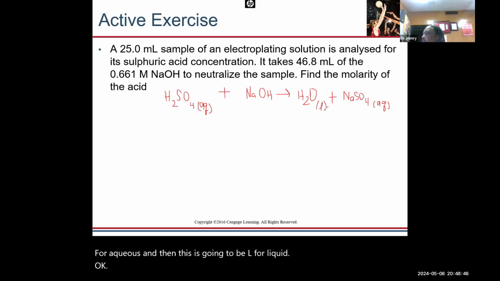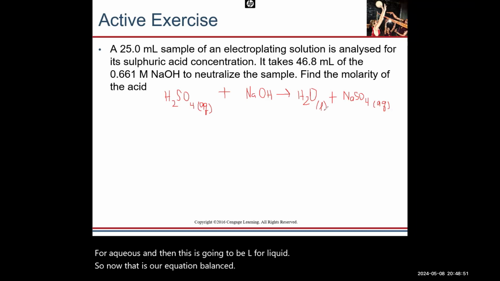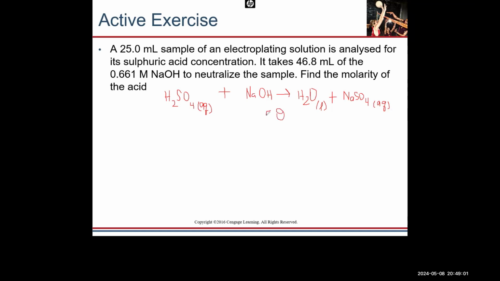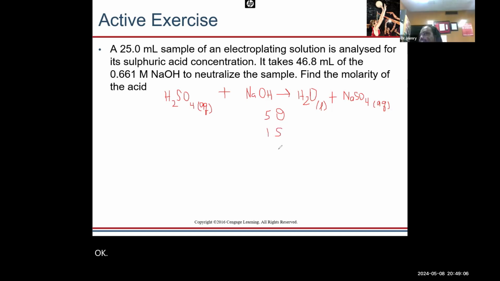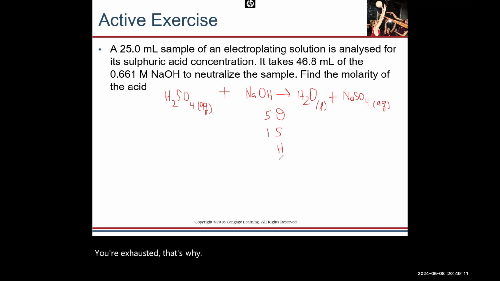So now is our equation balanced? Let me see. We got 2 H, 1 S, and 4 O's, 5 O's on the left. Let me write this. 1, 5, 2, 1 on the reactants, products, 2 H, 1 Na.